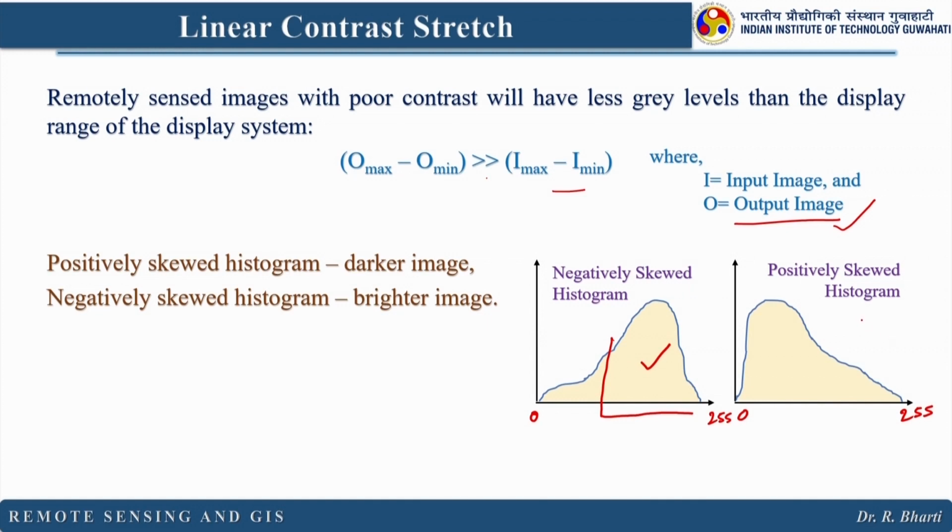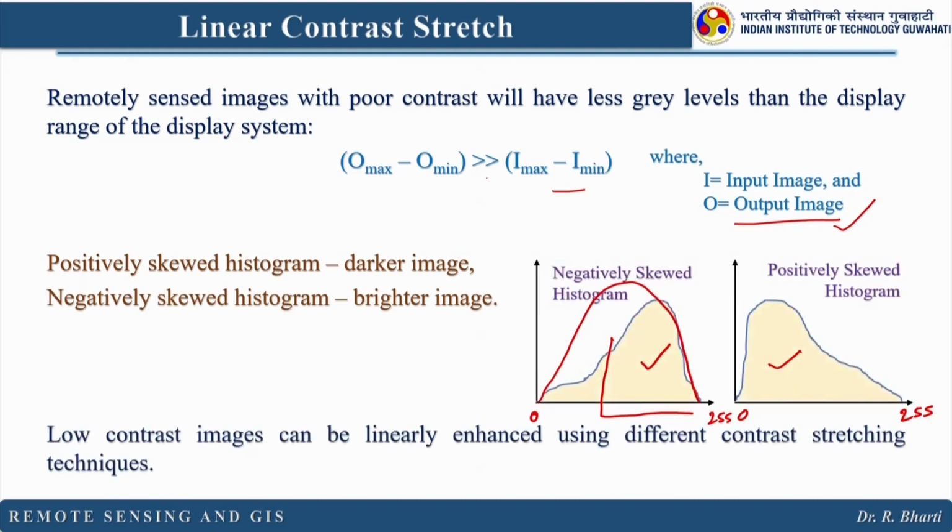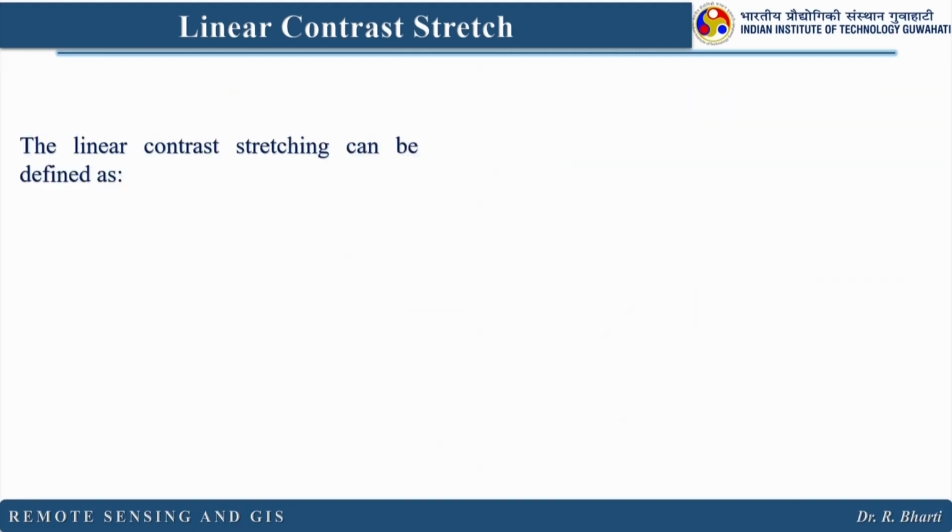If it is a positively skewed histogram, then your values are in the lower range, so your image will be darker. But in both cases the image does not have good contrast, right. Why? Because it is not a standard histogram. If it would have been like this, then the image would be better. So, low contrast images can be linearly enhanced using different contrast stretching techniques, which we will see in subsequent slides.